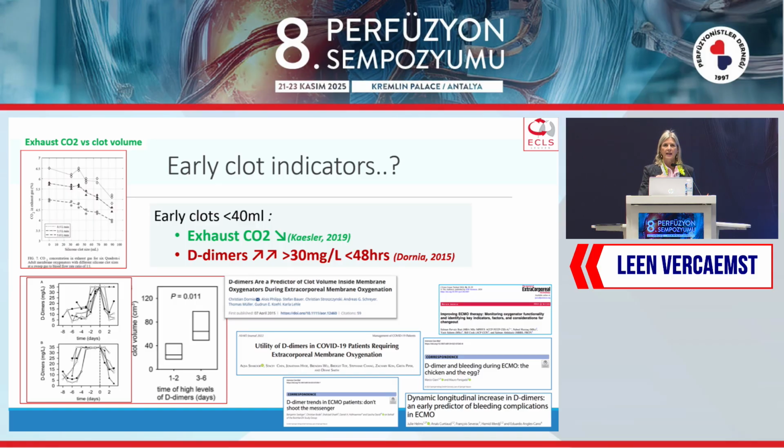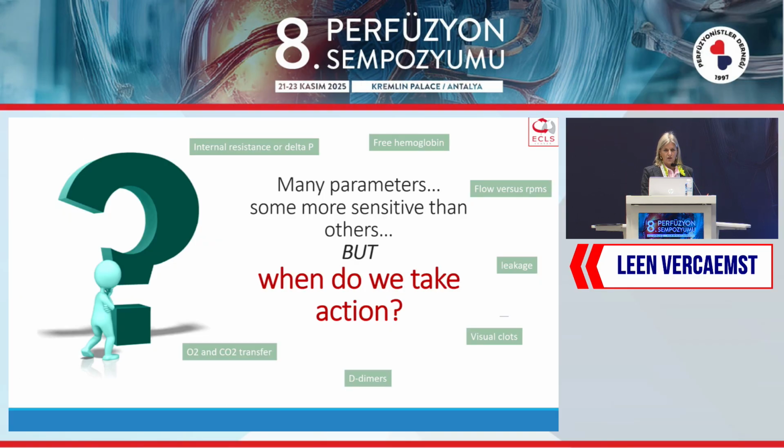You have a baseline, and if you have a delta increase of more than 25 or 30 milligram per liter in 2 days, you can really say there is something going on inside my circuit, it is clotting. And this is before any other parameter will show.